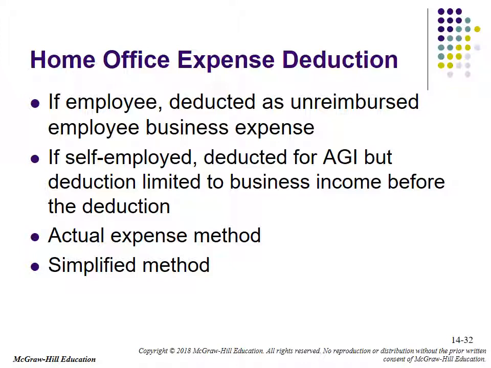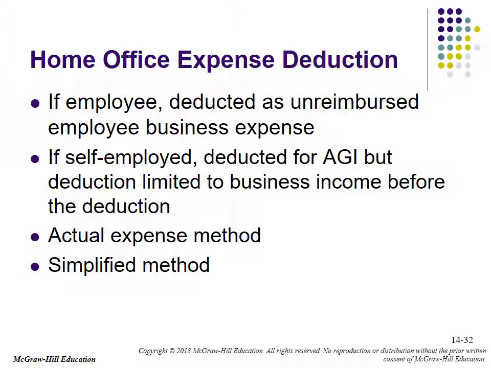It will be deductible on line 30 of the Schedule C, so you could reduce your profit that's subject to self-employment tax for this deduction. But here's the key. It cannot create a loss in your business. So you can deduct these expenses to the extent of the profit in your sole proprietorship single member LLC.